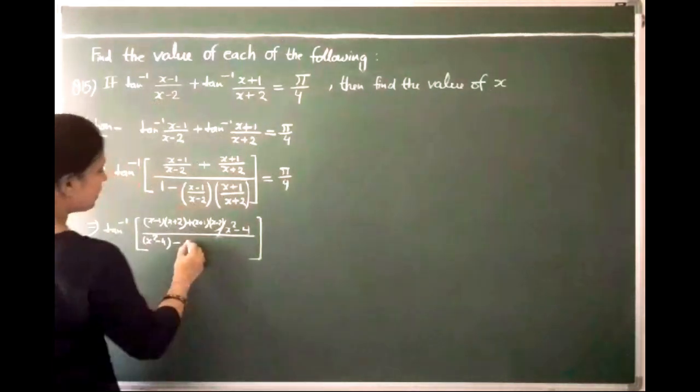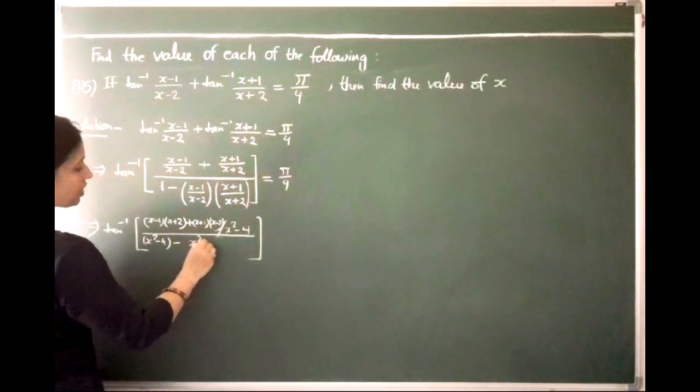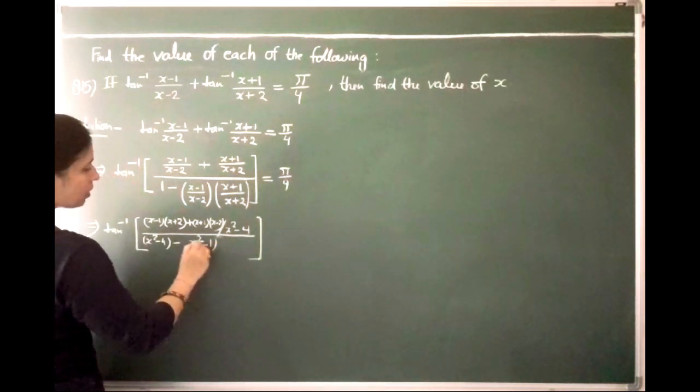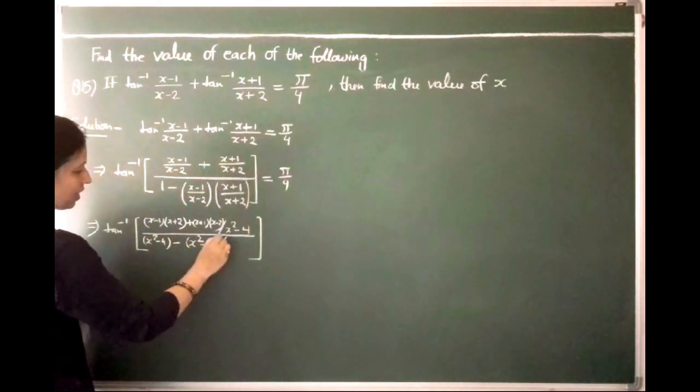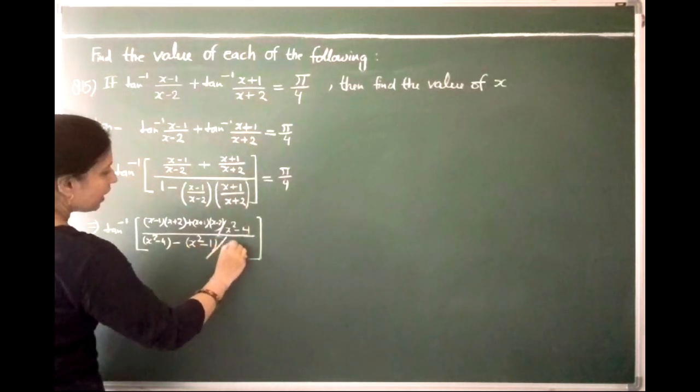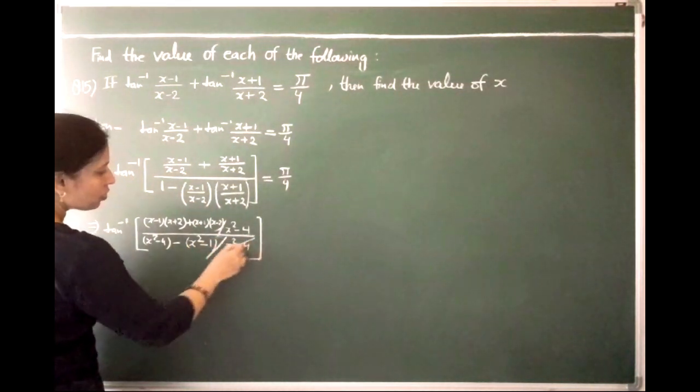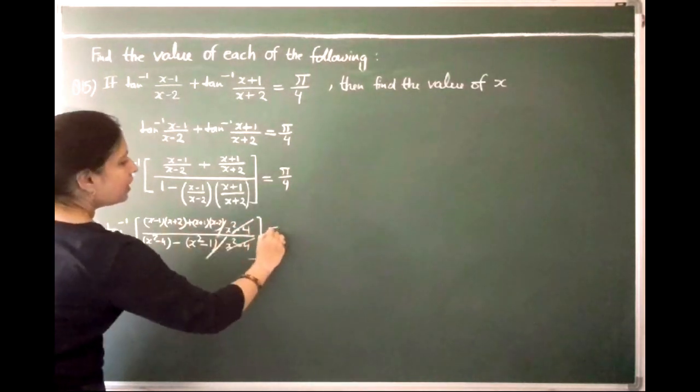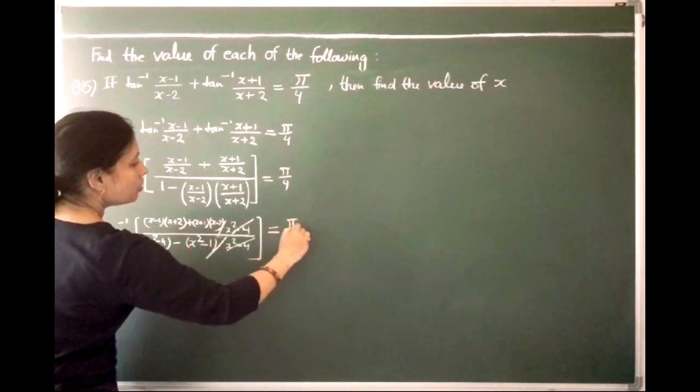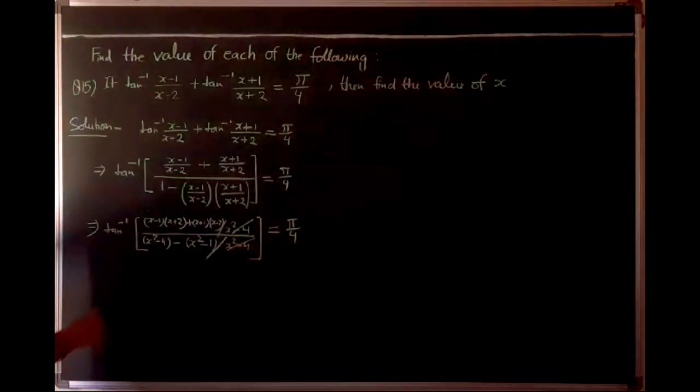So here we can write x square minus 1, and the whole is divided by x square minus 4. So this will cancel, and it is given pi by 4. So write here pi by 4.